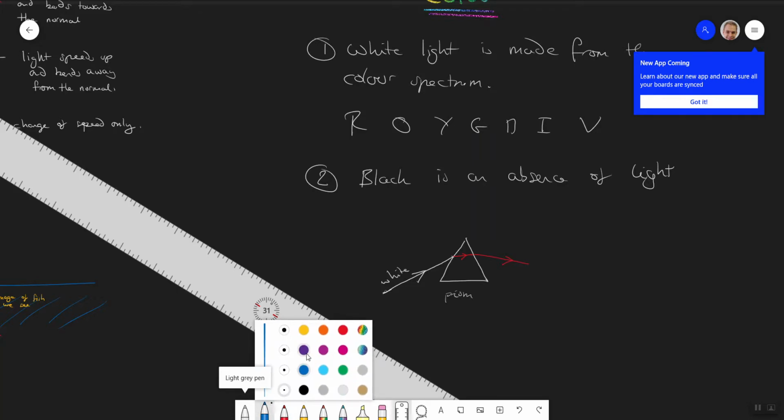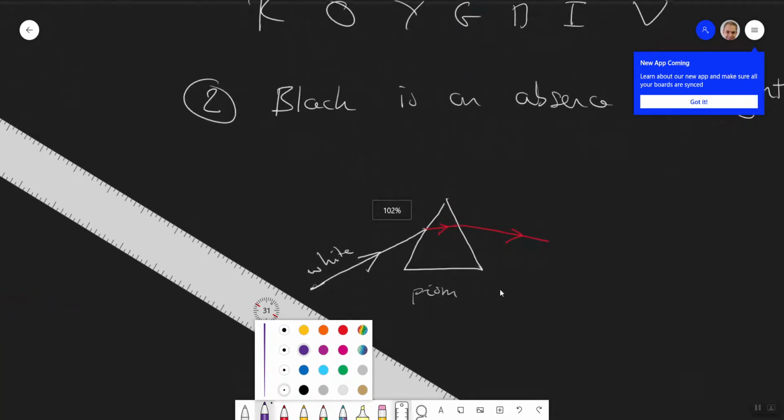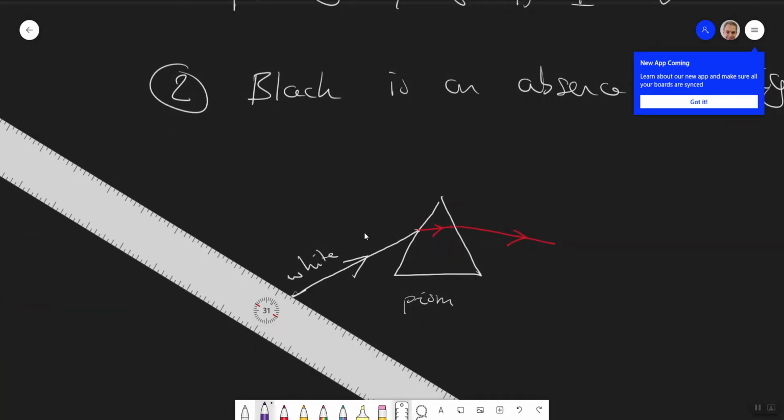Let's use purple. So you go right to the violet end. So we have red, and then we have violet at this end, and in between we have the whole color spectrum.